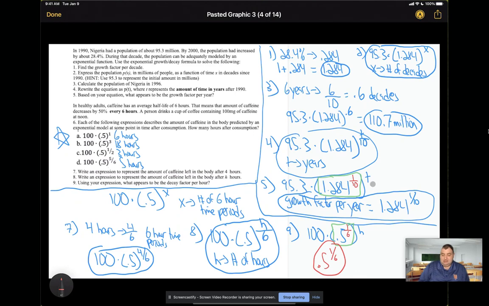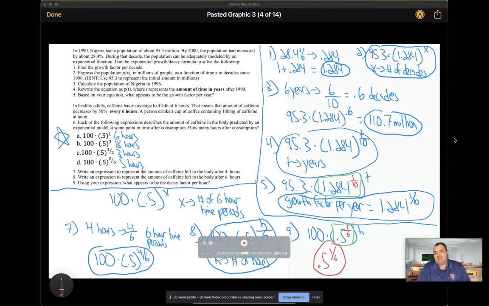The key is taking this fraction, up here it was t over 10, and breaking that down into 1/10 times t, or in this case, taking h over 6 and breaking that down into 1/6 times h. That is the key when you're finding your different growth and decay factors here. And that is it for this lesson.